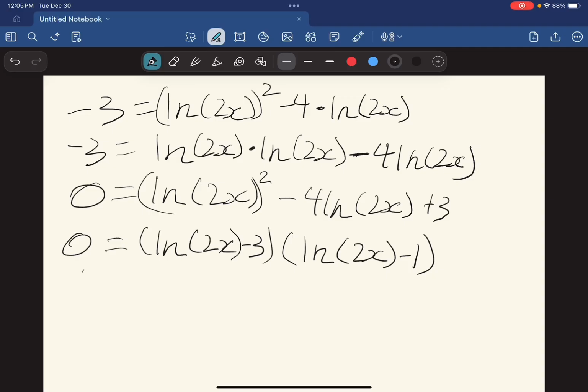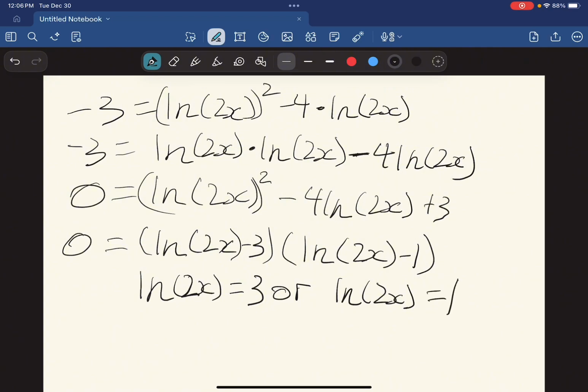And we should get 0 equals, or not 0, I'm sorry, ln of 2x will either equal 3 or ln of 2x will equal 1, right?